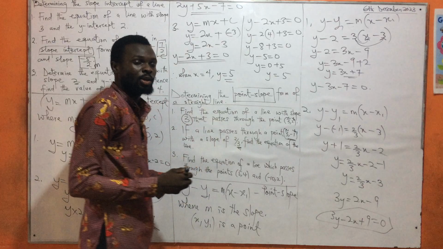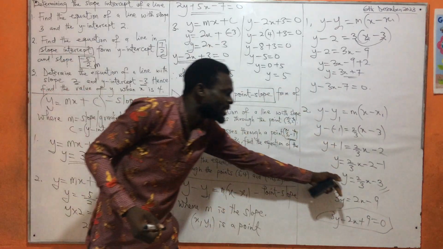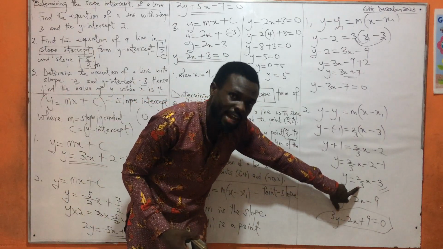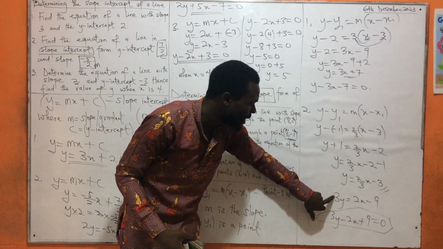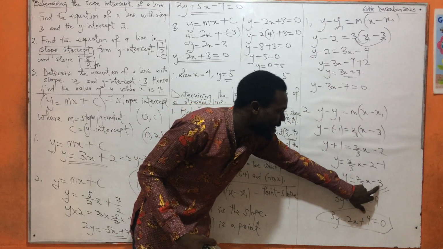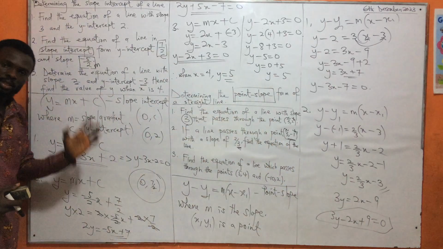And that gives you the equation. We can choose to stop here. We are not wrong, because that is also the equation of the line. But if we want to get rid of the fraction, we multiply by the LCM. 3 times y is this. If you multiply this times 3, you are getting this. Then you just regroup it as that.